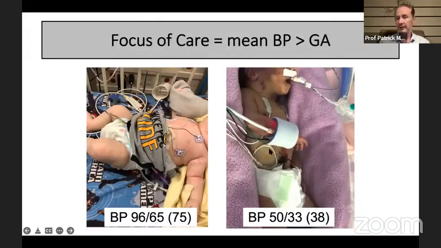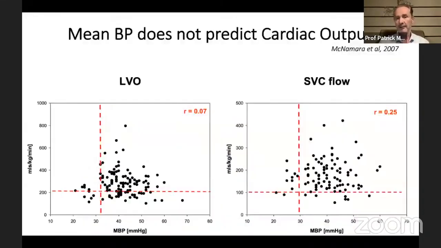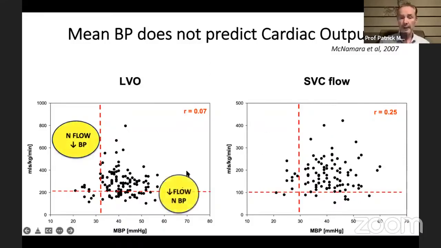So in many centers, how often do we consider in a normotensive or a hypertensive patient that the cardiovascular system may be compromised? And when we think about the relationship between blood pressure and cardiac output, you can see it's a nonlinear relationship, such that there are patients who are in a hypotensive state but may have preserved cardiac output. But more concerningly, there are babies who have a normal or high blood pressure that may be in a low cardiac output state.